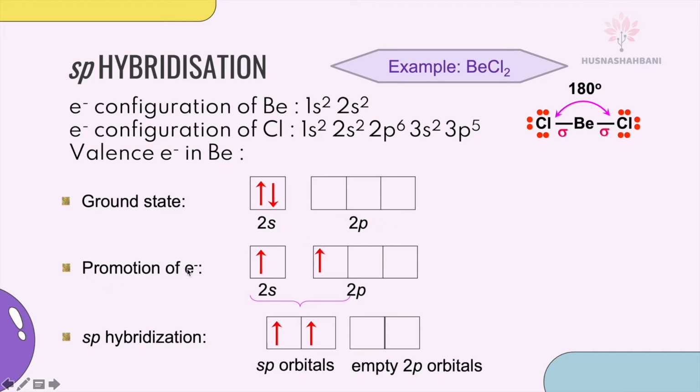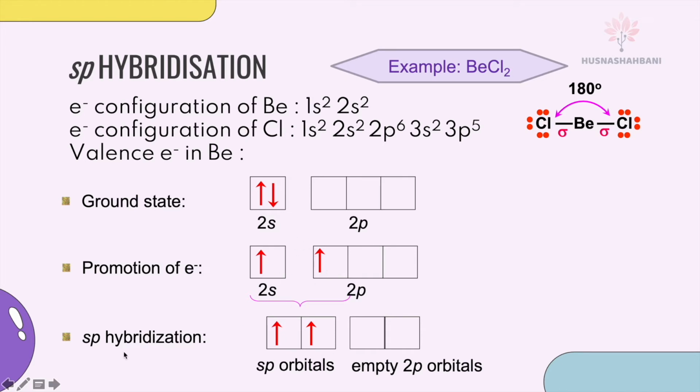In promotion of electron, you have to split this pair to make 2 unpaired electrons. So you take 1 electron and put it in the higher orbital, which is 2p, because 2s has 1 pair, so put it in the empty 2p orbital, making 2 unpaired electrons. Okay, this is the second step, making 2 unpaired electrons.